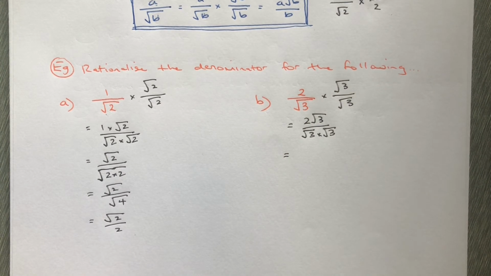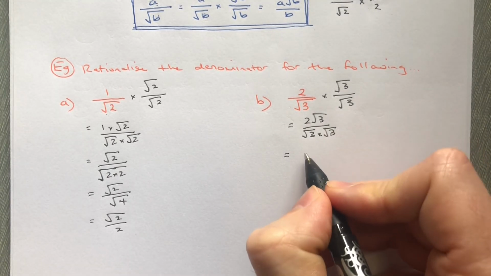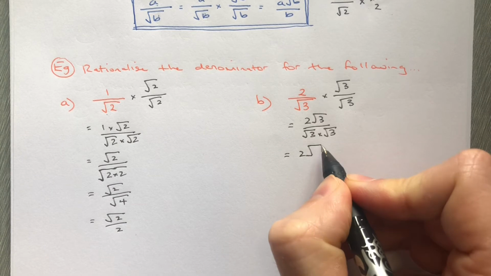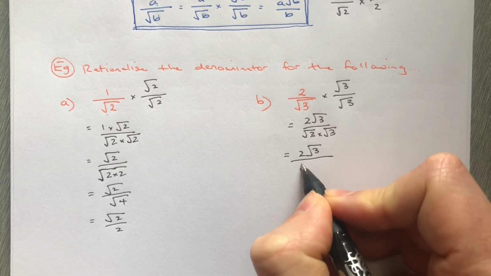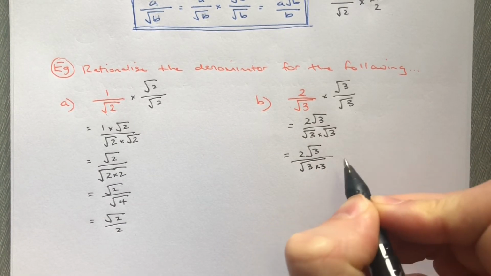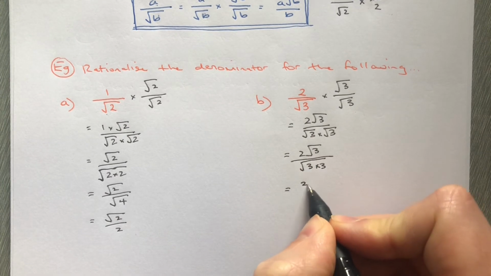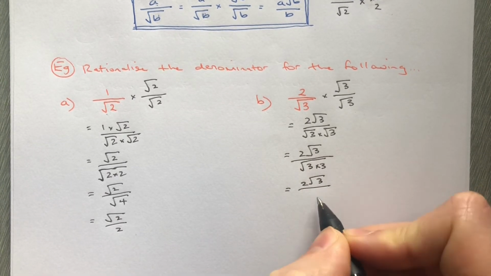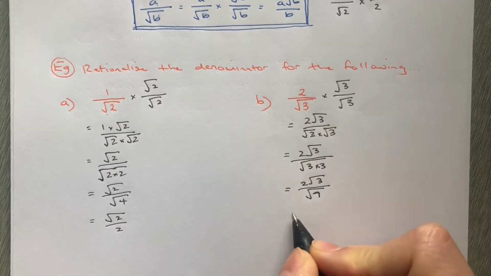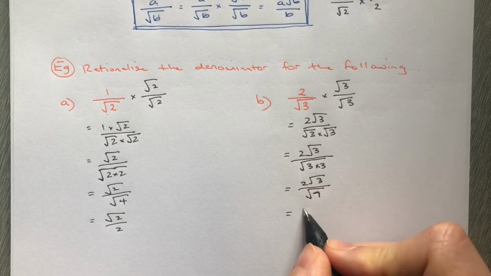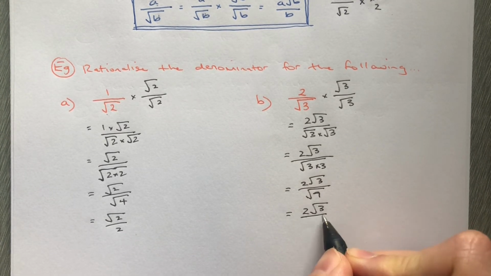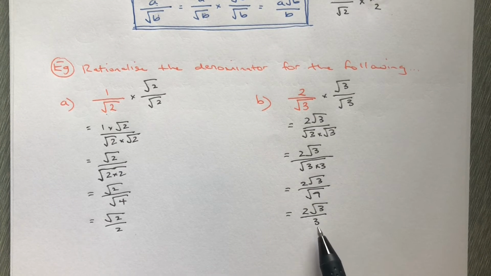If you're not too confident, maybe you should, just to make sure you don't make any mistakes, but you don't necessarily have to. Okay, so 3 times 3 is 9, so we've got 2 root 3 on root 9. The square root of 9 is 3. So hopefully we can see that our denominator down here is now rational. So we've rationalised the denominator.